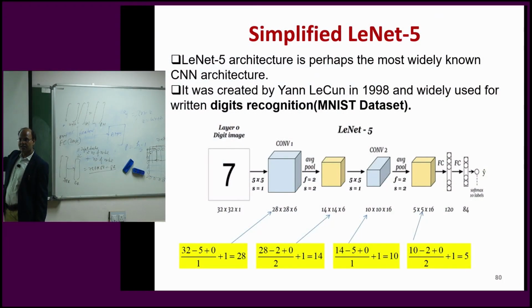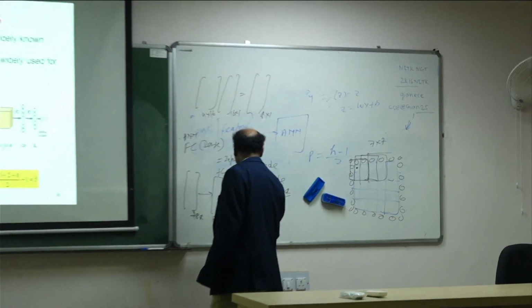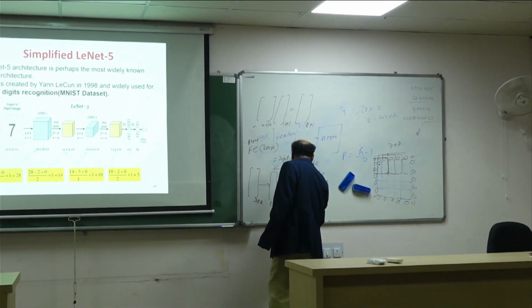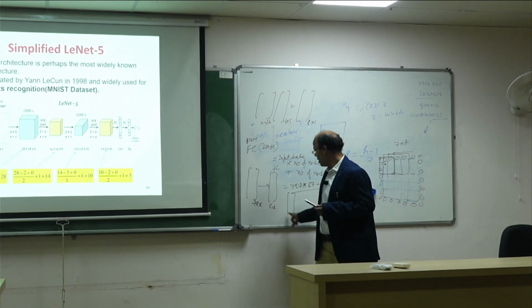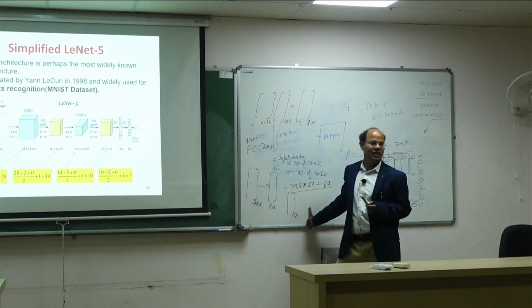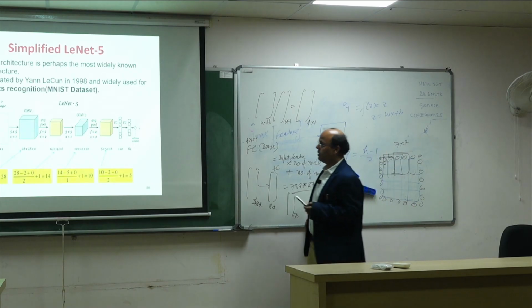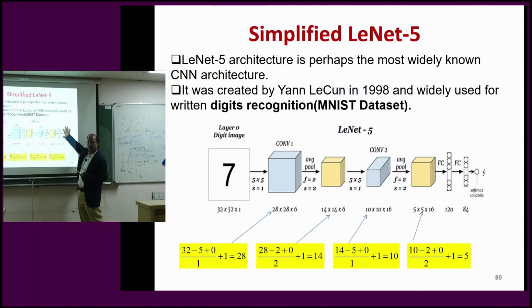Similarly for the next layer, the input of 84 nodes is connected to, let's say, 50 nodes only. So 84 into 50 plus 50 will be the number of parameters at this particular layer.